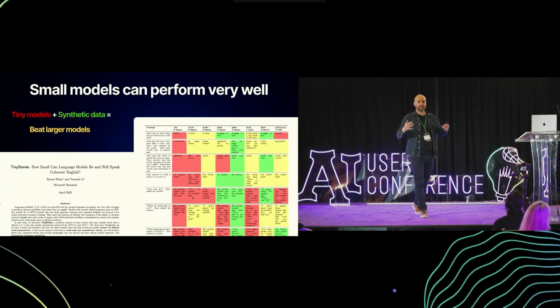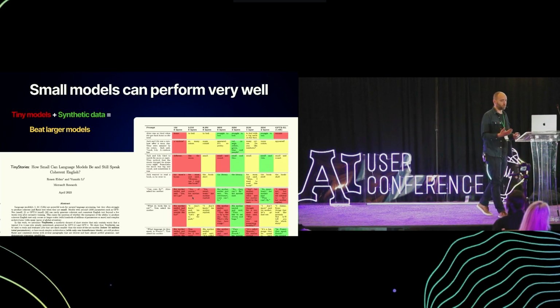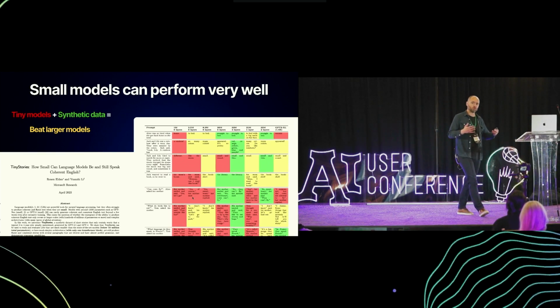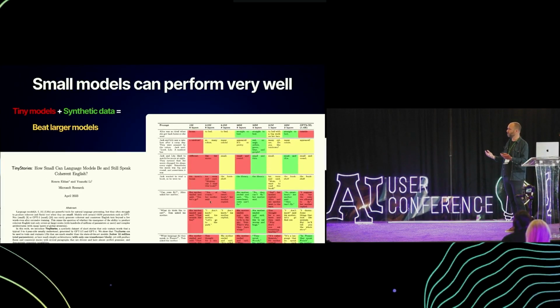What they did is they generated a high quality data set of stories for children and fine-tuned very small models on that, and then got the models to complete stories. And it turns out small models perform better than GPT-2. So again, small models, when fine-tuned on a high-quality data set, can bring performance on par with large models.